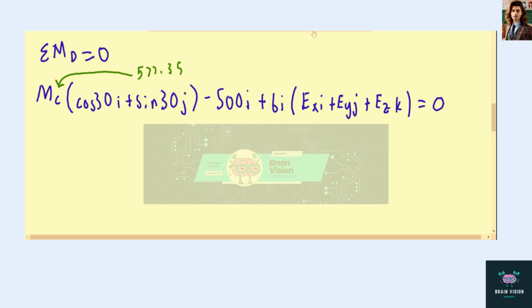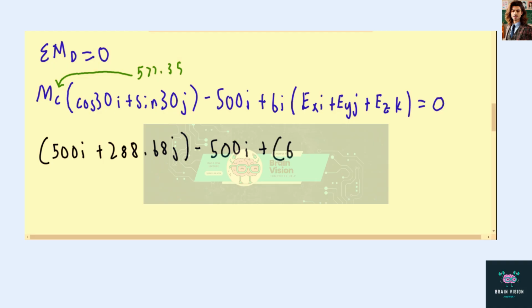So after plugging it in and rewriting the equation, we'll end up with 500i plus 288.68j minus 500i plus 6 times E of y k minus 6 times E of z j is equal to 0.